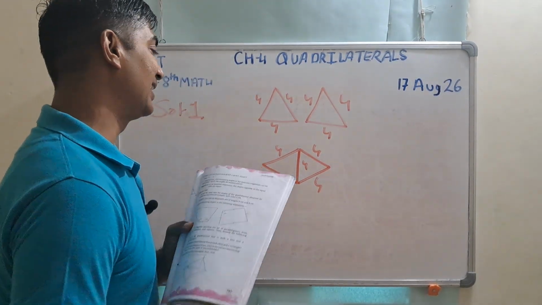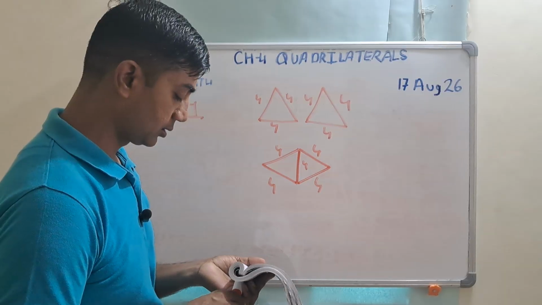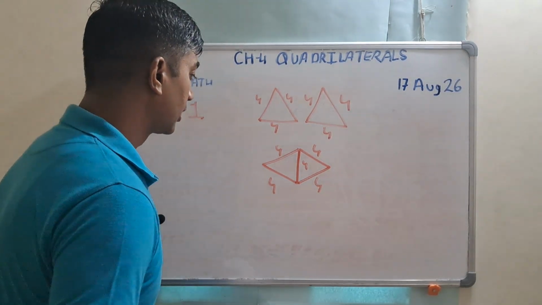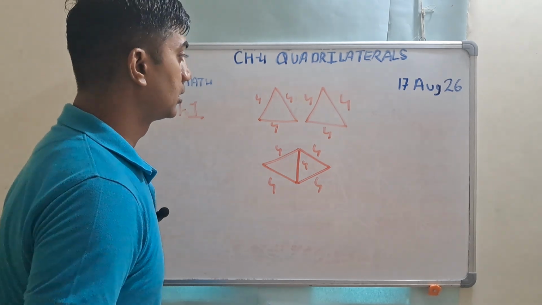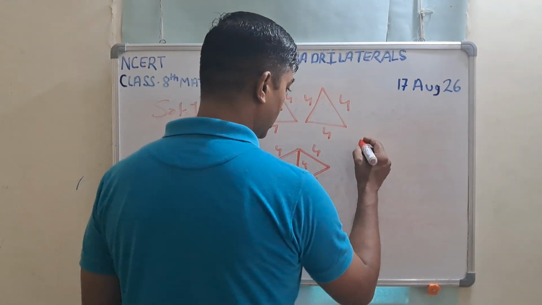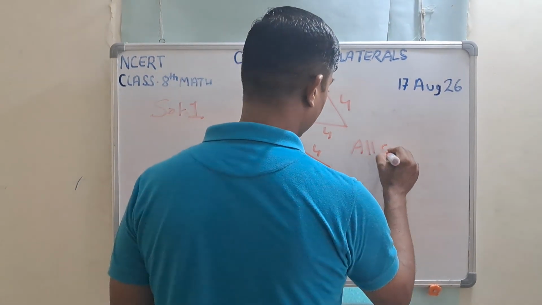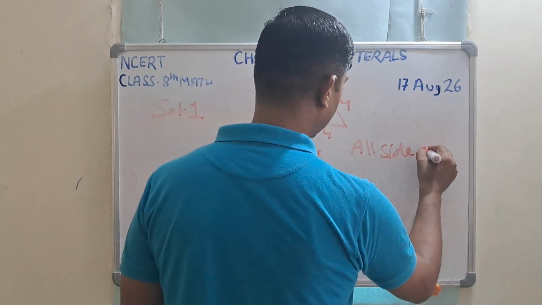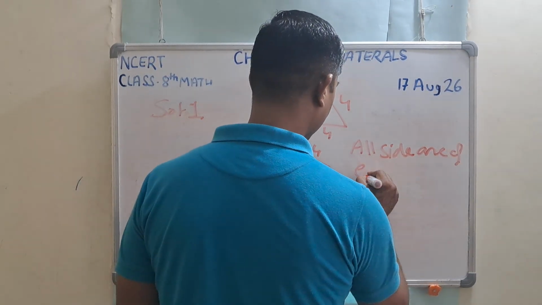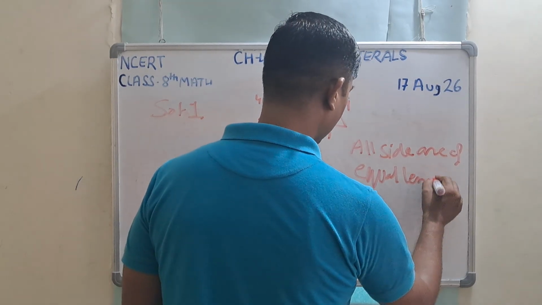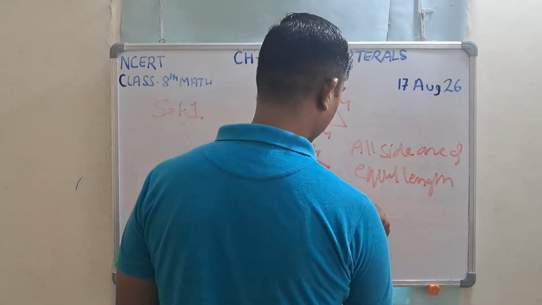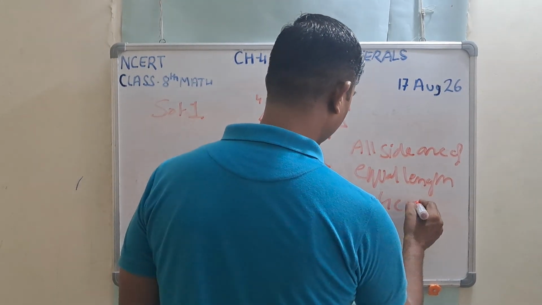Now they are saying that we have to find out all the angles and sides. So all sides will remain the same. All sides are of equal length, and that is 4 centimeter.